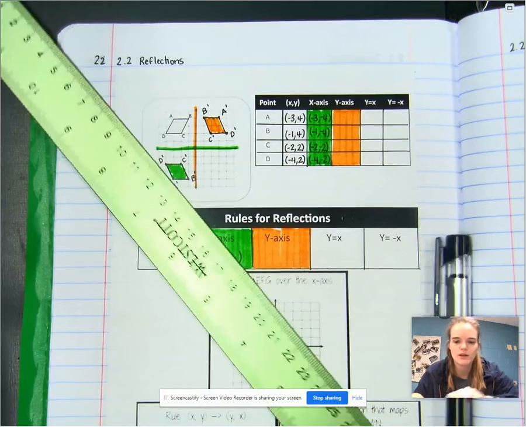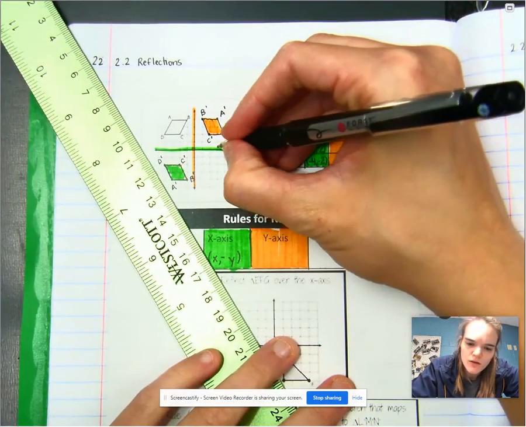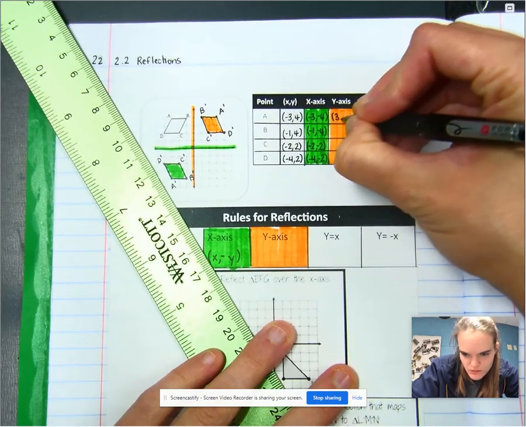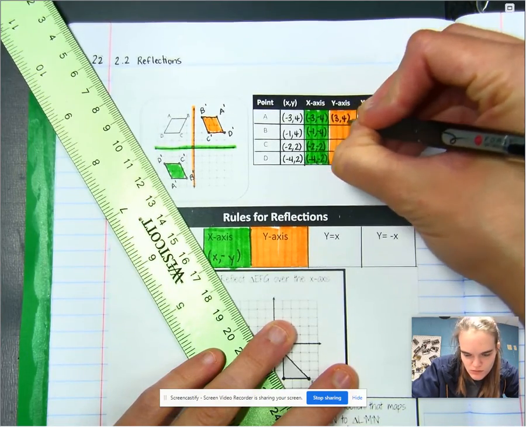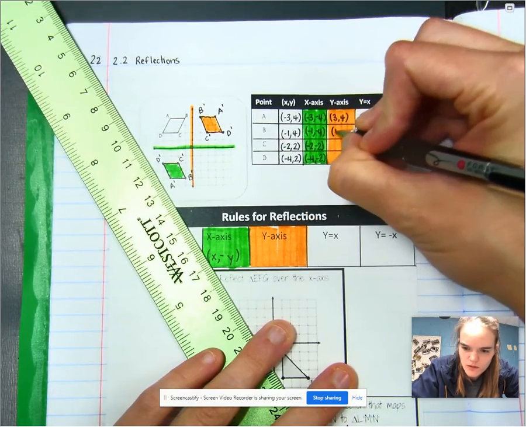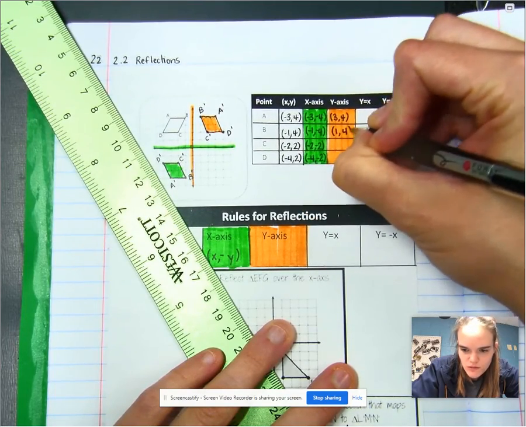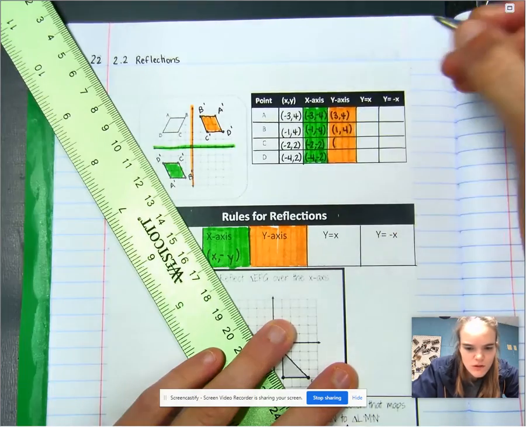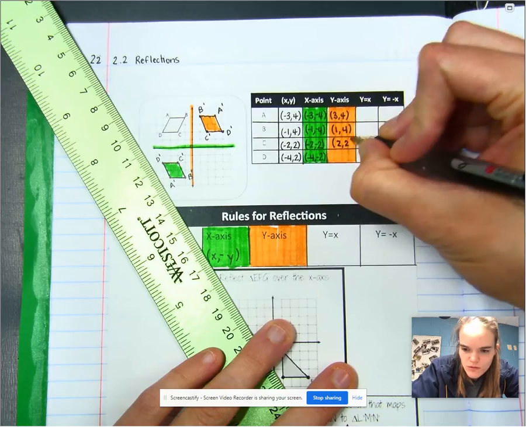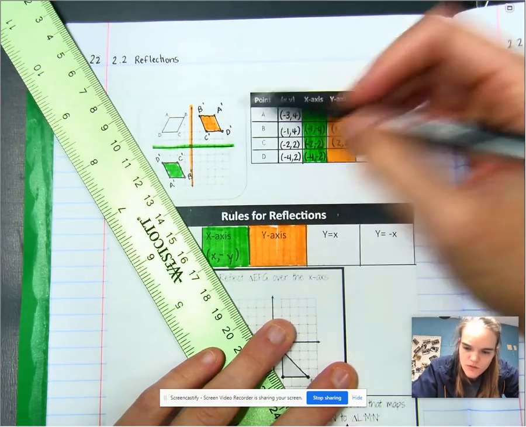Okay, now we're going to write them down. 3, 4. 1, 4. 2, 2. 4, 2.